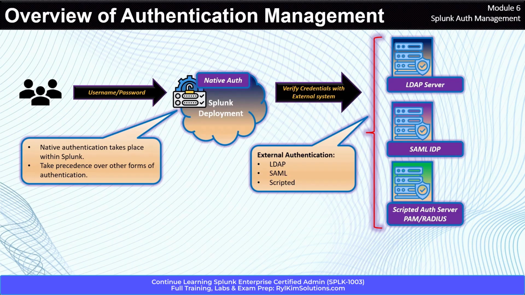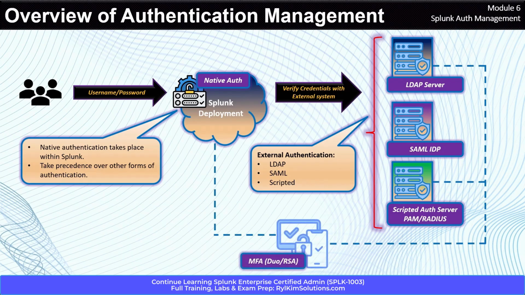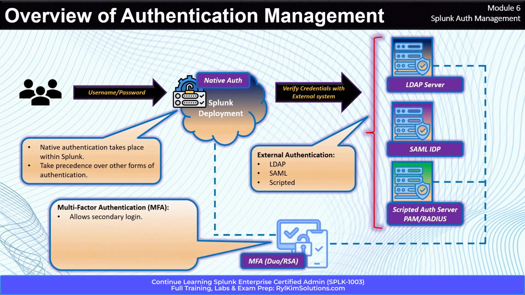Now, these methods we have just seen here are what we call our primary authentication methods. There are 4 of them, but we have another authentication method that is multi-factor authentication. This is one that is very common these days, but it is not primary. We refer to this as a secondary authentication. For enhanced security nowadays, when you log into apps, sometimes if you have MFA enabled, you are going to be sent a code on your phone.